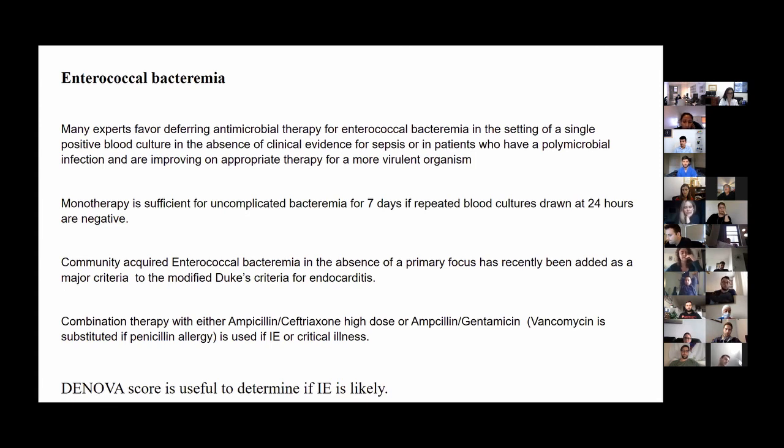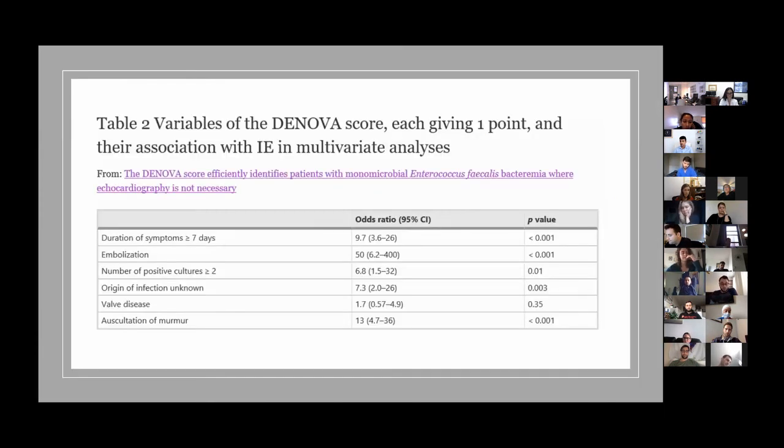And here, the next slide, the DENOVA score is useful. So how do you decide if they've got complicated or uncomplicated enterococcal bacteremia? This is D for duration, E, are there any emboli? Is their number of positive cultures greater than 2? Most importantly, most people have enterococcal bacteremia that's coming from the urinary tract.